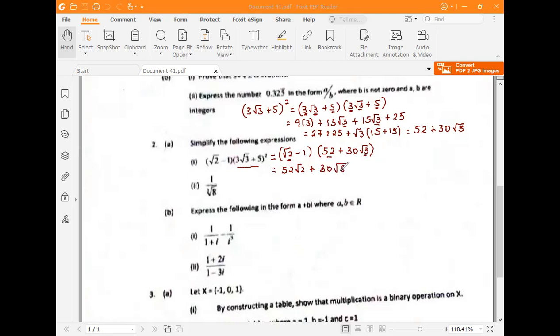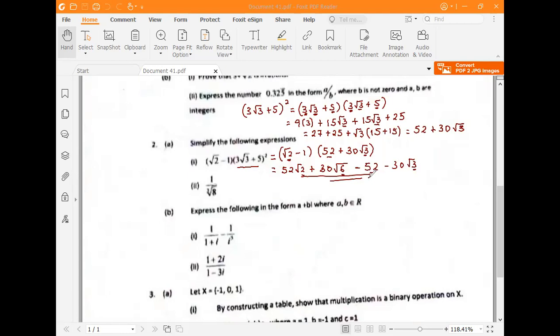Minus 1 times 52, and then minus 30 root 3. And as you can see, root 2 is different from root 6, which is different from root 3, and different from all the numbers. So we are done.